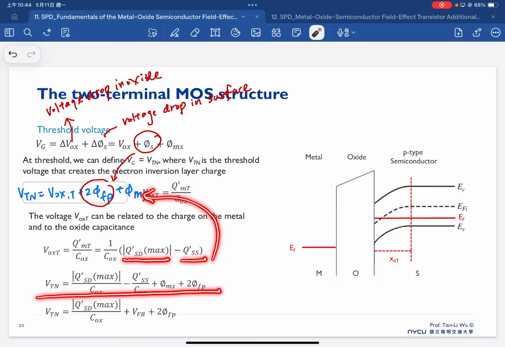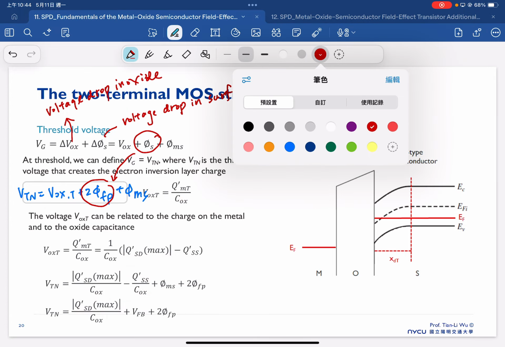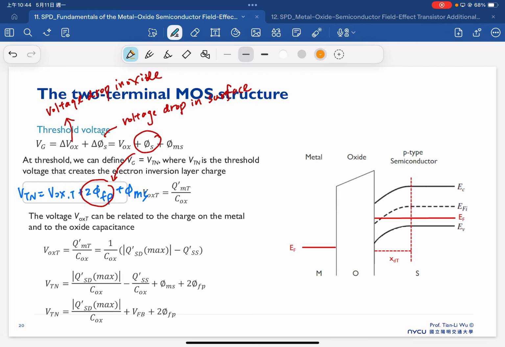And finally, this is equal to VFB. So finally, VTN can be estimated by considering the 2 phi Fp, the flatband voltage, and also the charge in the maximum depletion width condition.